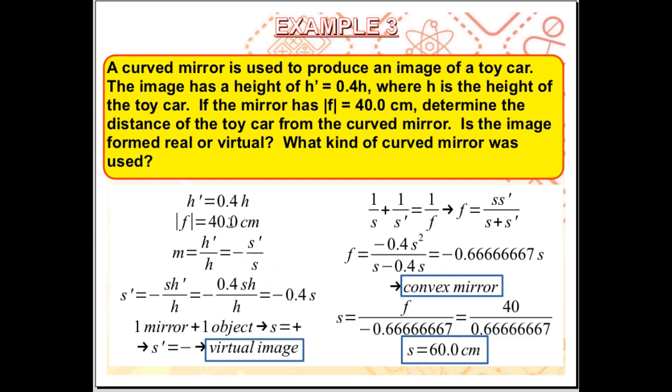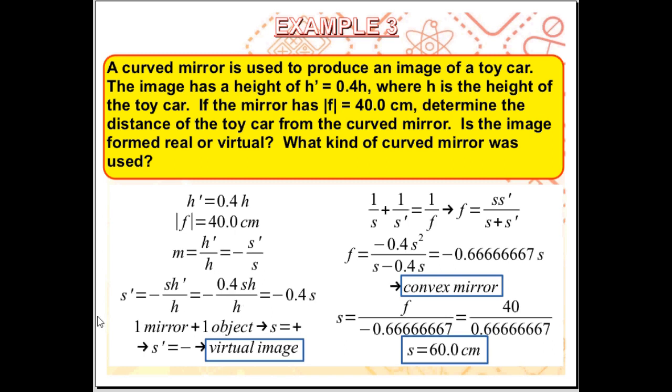So focusing on this part of the relationship, h prime over h is equal to negative s prime over s. If we isolate s prime, you have s prime is equal to negative s h prime over h. h prime is 0.4 h. We can cancel out h, leaving us with s prime equal to negative 0.4 s.